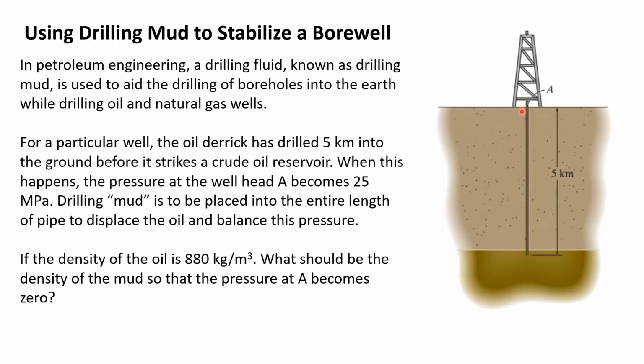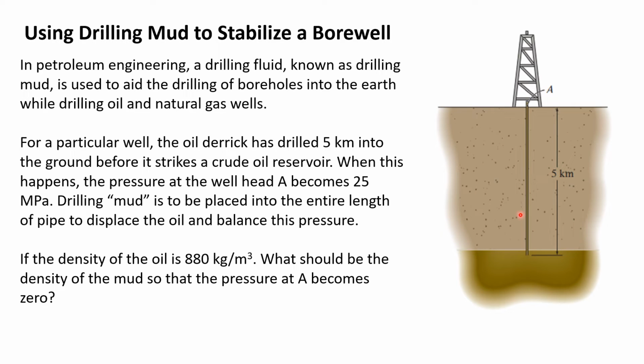So let's say before we're drilling this oil well, we calculate that at 5 kilometers, we know what the pressure up here is going to be, 25 million pascals. We're going to pump the drilling mud down into the pipe to displace this oil and balance this pressure.